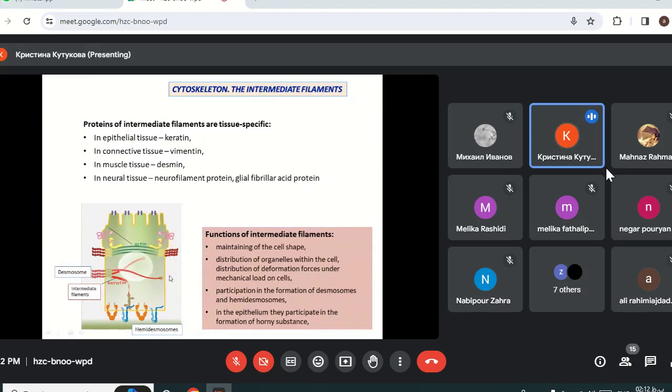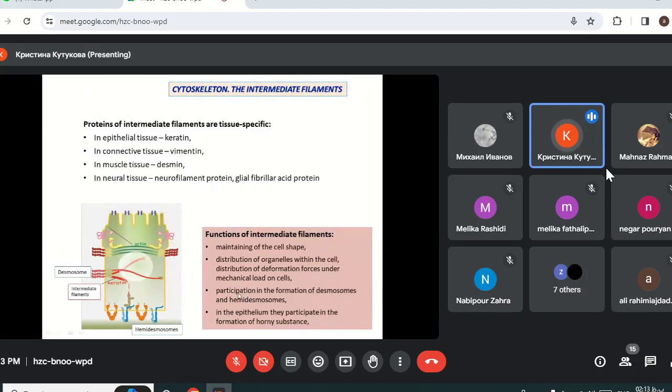It means that when we push our skin, for example, it will not lead to breaking down of the cells, because the intermediate filaments, which go from one side of the cell to the other one, and then in the next cell the same, distribute this force and protect the cell. Next, participation in formation of desmosomes and hemidesmosomes.